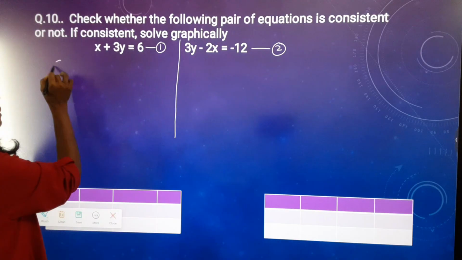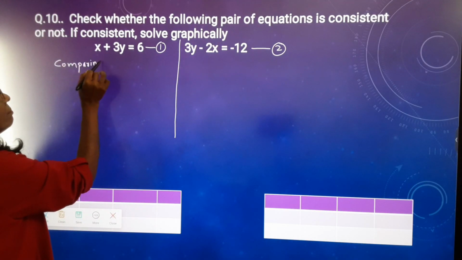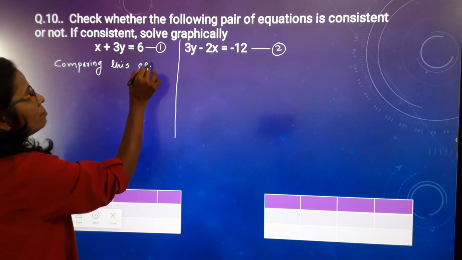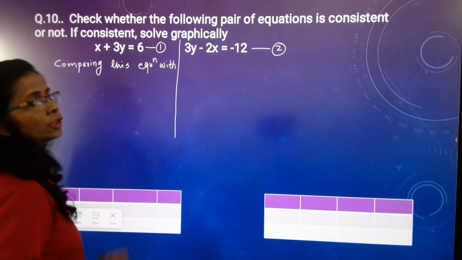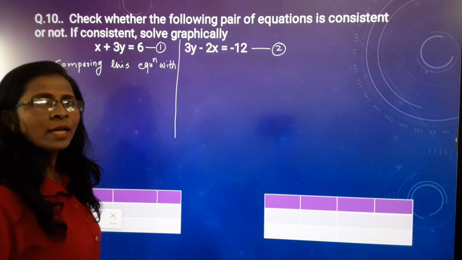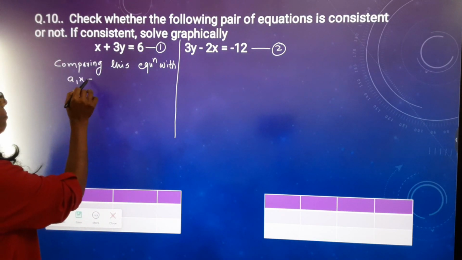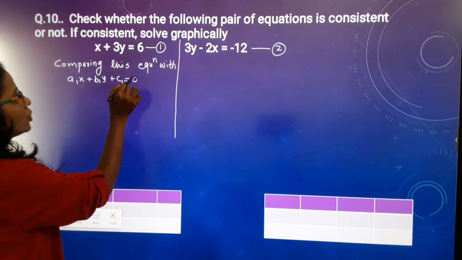So now comparing this equation with the general form of a pair of linear equations, a1x plus b1y plus c1 is equal to 0.